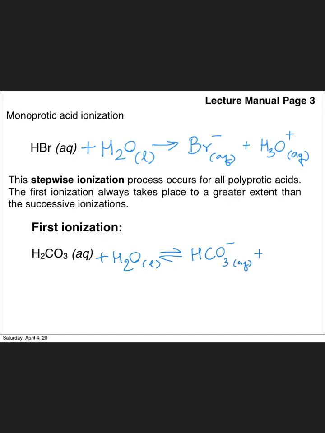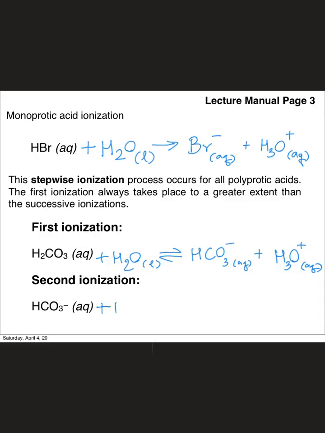And the other species would be hydronium ion, as water accepts a proton. We will learn about how to differentiate between one arrowhead versus two arrowheads later when we talk about strong acid versus weak acid. Next, let's take a look at the second ionization of hydrogen carbonate.